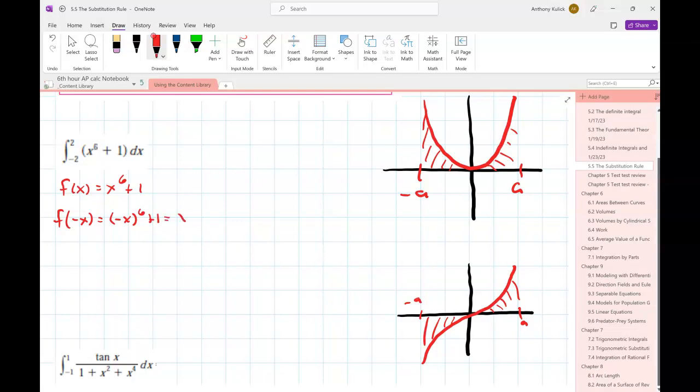So negative x to the 6th is positive, because it is an even number of negatives. And that is just what we started with, the original. So we know that this is even. So this is just the same as the integral from 0 to 2.